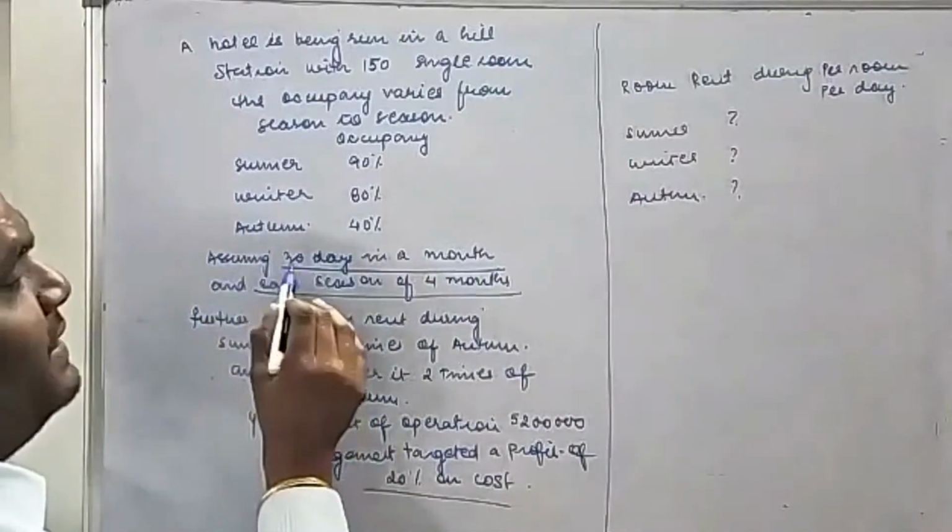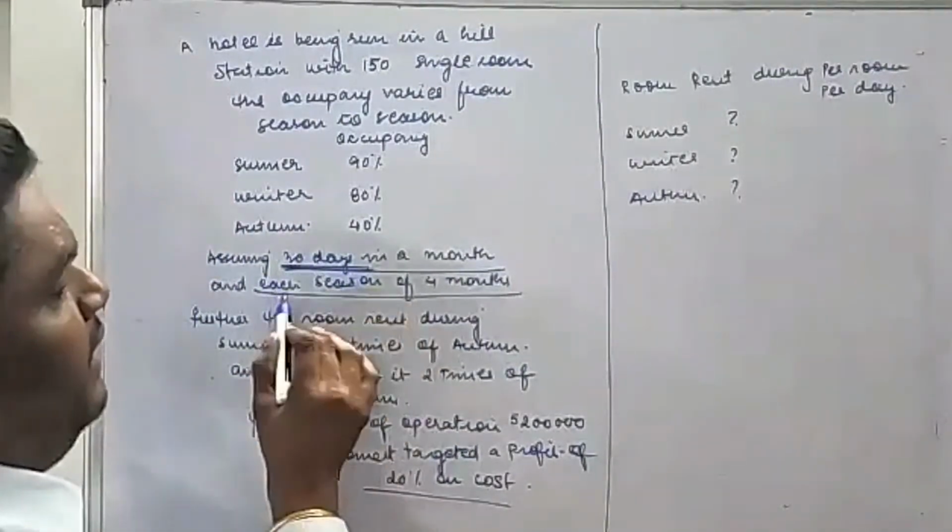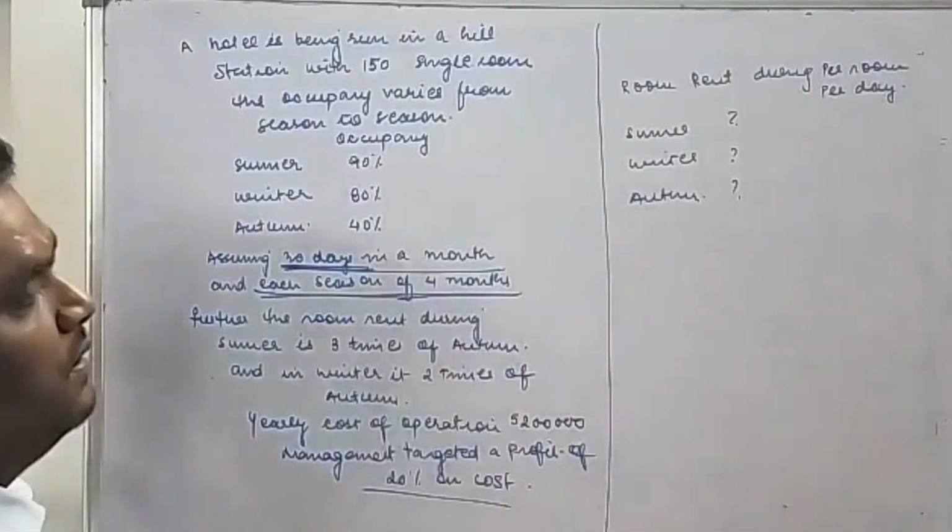It is given that assuming 30 days in a month and each season of 4 months.